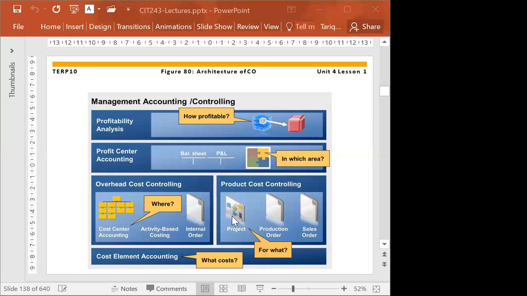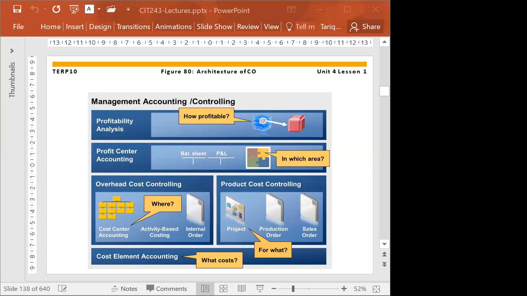Similarly, we have something like activity based accounting. This is an interesting concept. I'll talk about that after the internal order. Internal order is similar to the cost center, but it is temporary. It collects the cost, and at the end of the day, you can distribute the cost.